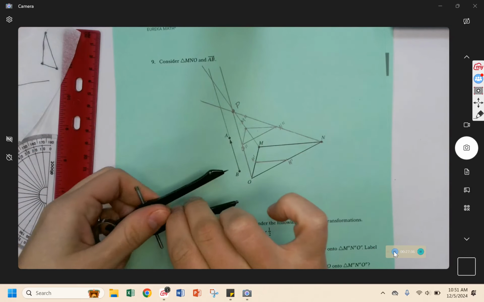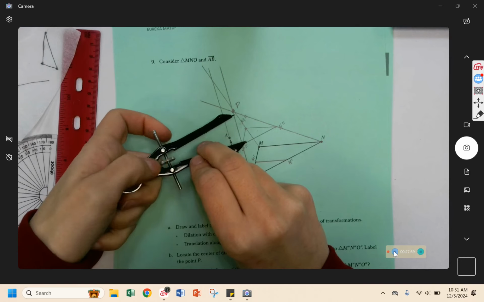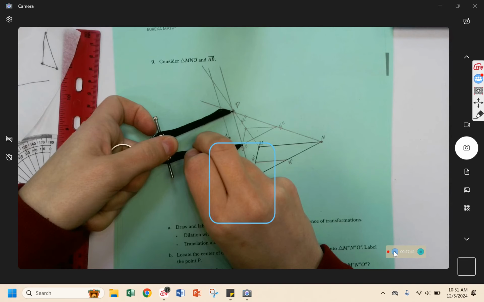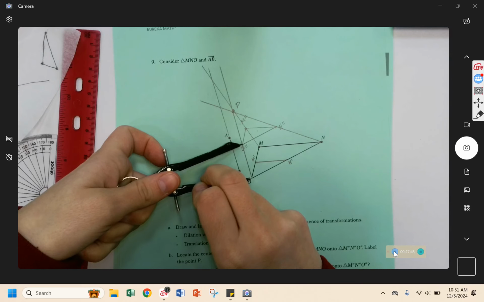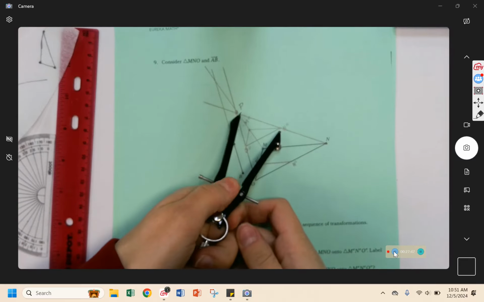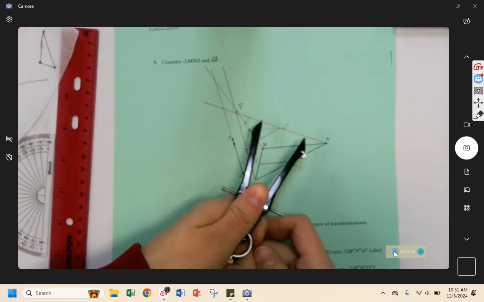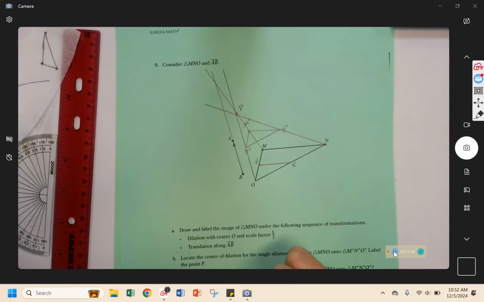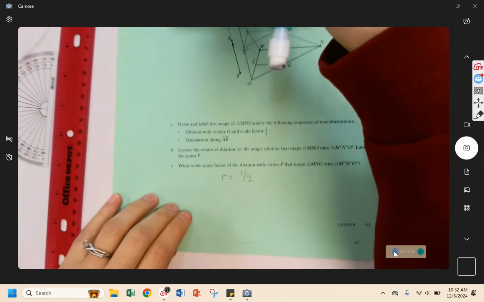And if we use our compass, remember we're talking in a perfect scenario, if we did everything exactly precise, we should be able to just move it twice. So from P to N, that would be half the distance. So the scale factor would be 1/2.